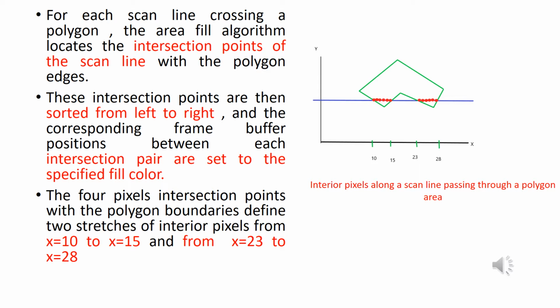For this scan line, the intersection points with the polygon edges are at x equal to 10, x equal to 15, x equal to 23 and x equal to 28. So at these intersection points, the scan line has crossed this polygon.